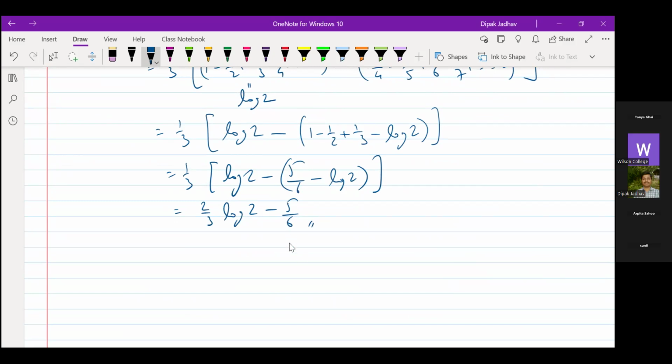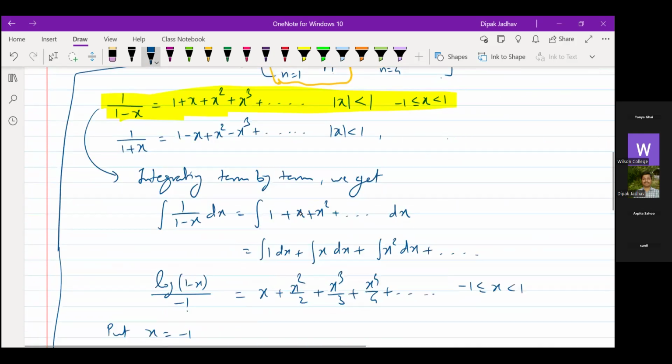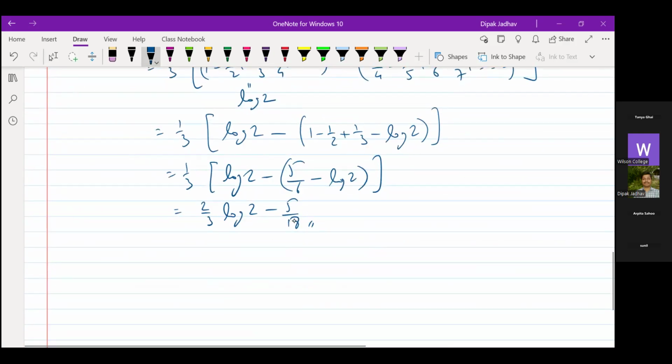Okay, so you make the correction. Option C. Is it okay for all of you? Move on to another question.